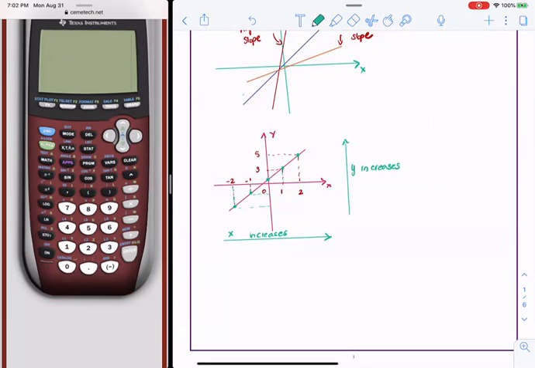So if you have a line where x increases and y also increases, then we call the line increasing. And the slope would be positive.